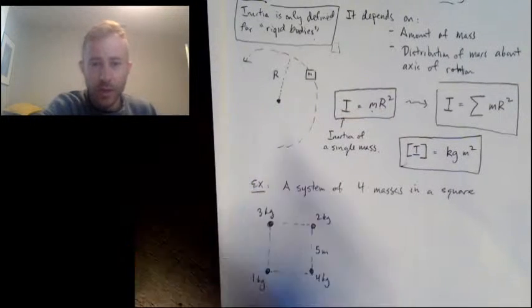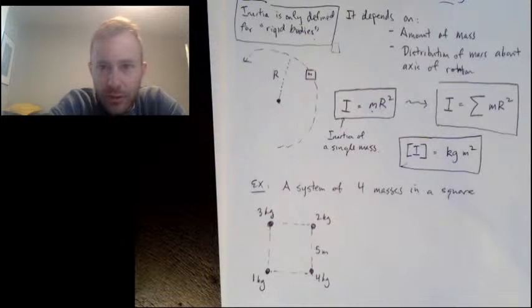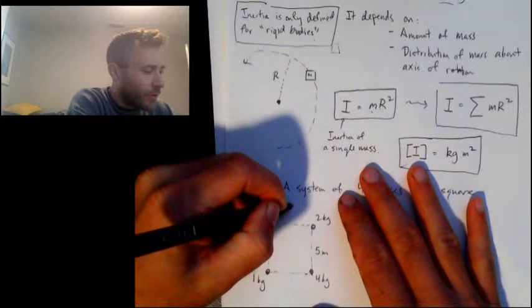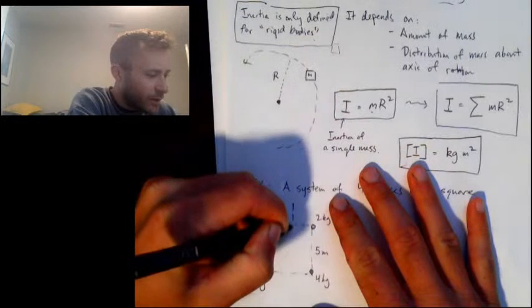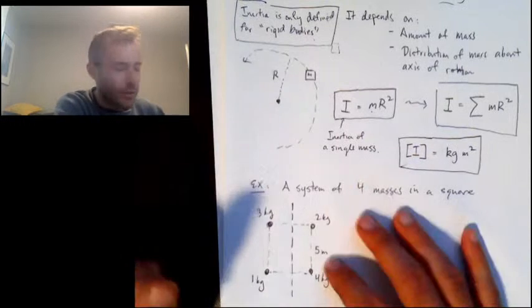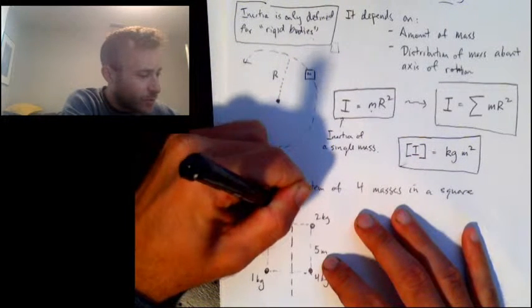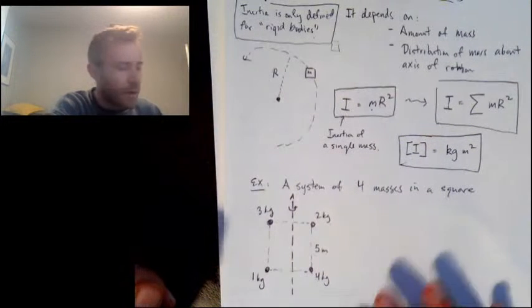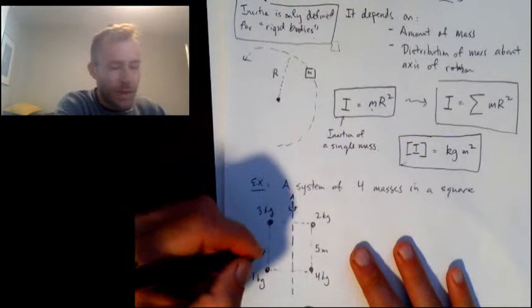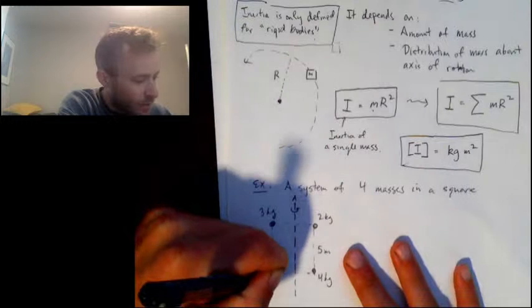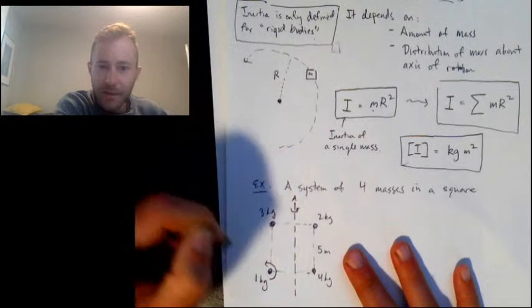When we're calculating the rotational inertia, the axis of rotation is very important. The first axis of rotation I define is going to be this one. I'm going to call that axis A, so rotating it about that axis. The second axis of rotation, I'm going to call axis B, and it's rotating the square about that.